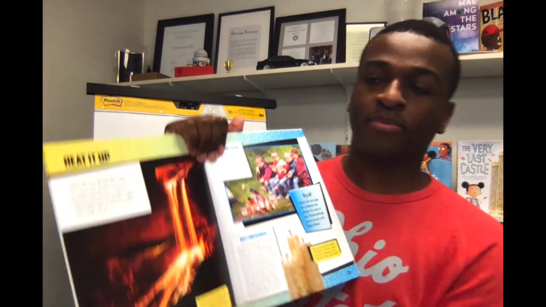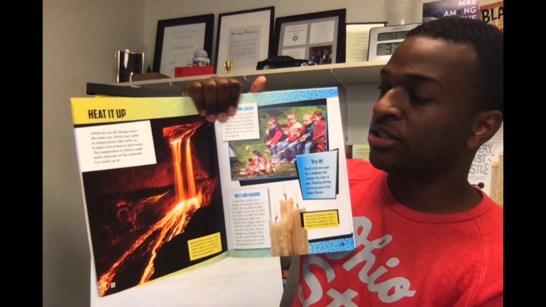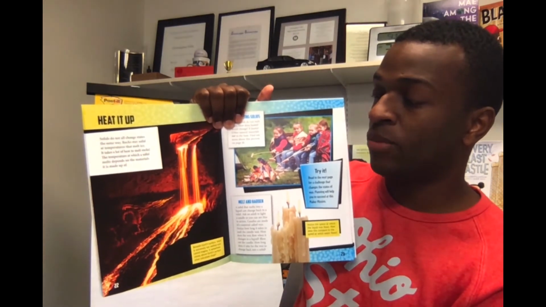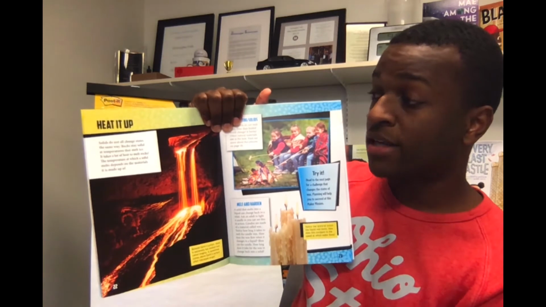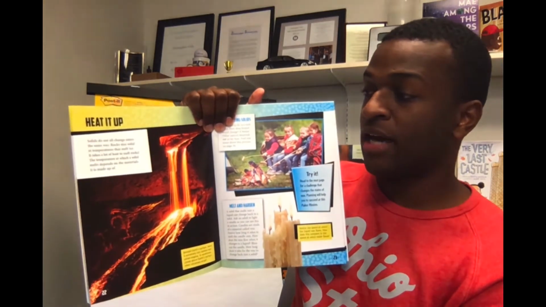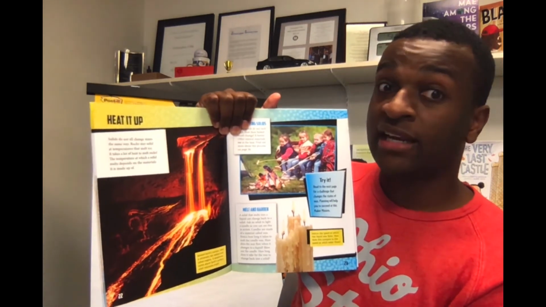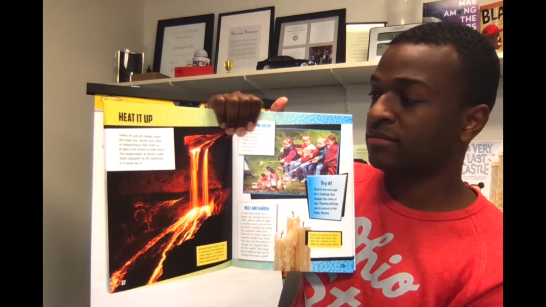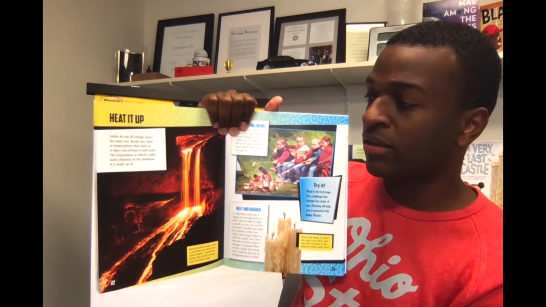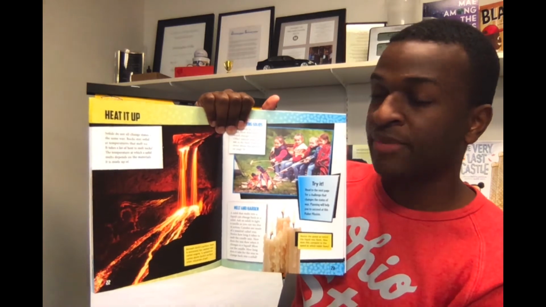Heat it up. Solids do not change all states the same way. Rocks stay solid at temperatures that melt ice. It takes a lot of heat to melt rocks. The temperature at which a solid melts depends on the materials it's made up of.